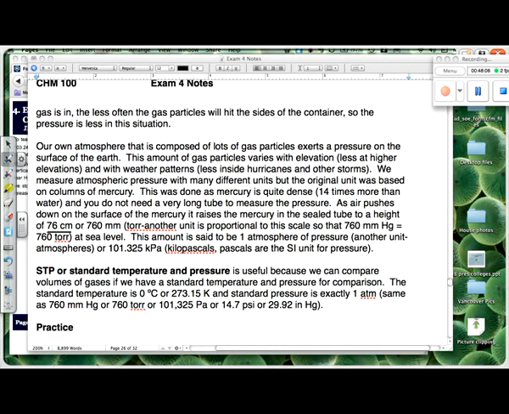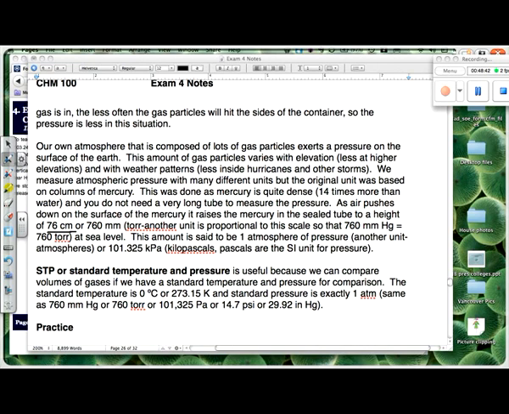If you used water, which is 14 times less dense, then that same column would have to be over 1,000 centimeters long, or over, let's see, 10 meters in length. So not very practical. So that is why we use mercury, because if it's high density, you can use it to measure differences in pressure.